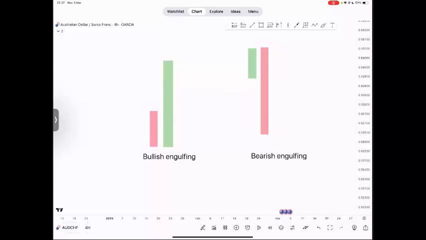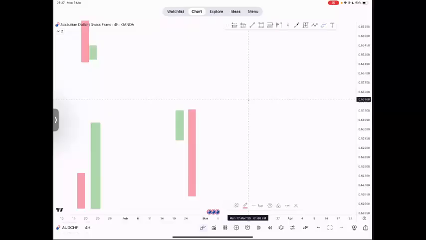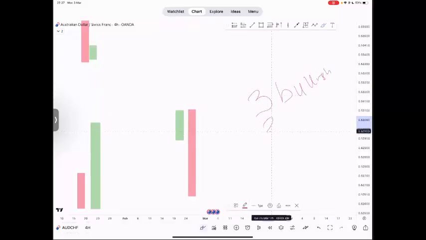But I want you to go to your TradingView app and try to map out 3 bullish engulfing, 3 bearish engulfing candlesticks, then 2 dodgy candlesticks, 2 hammer, and 2 pin bar.